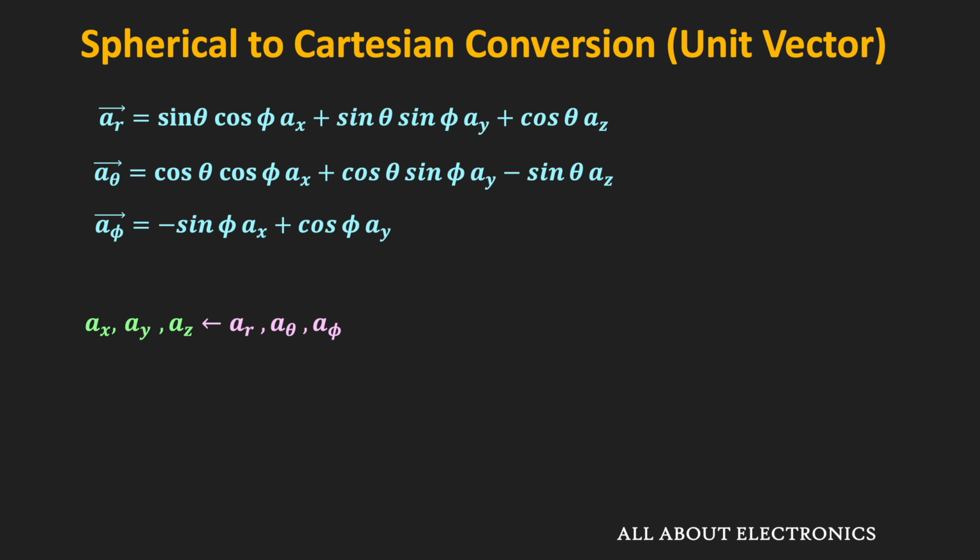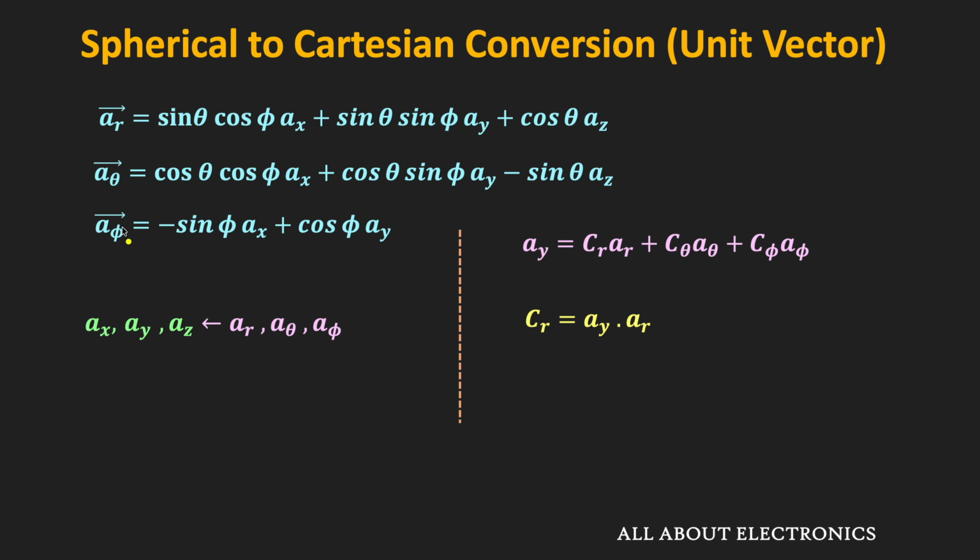So similar to the unit vector ax, this ay can also be given as CR times AR plus C theta times A theta plus C phi times A phi. And once again, here this coefficient CR represents the projection of the unit vector AR in the direction of ay. That means here this CR is equal to ay dot AR.